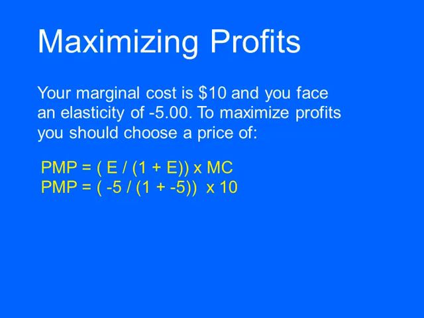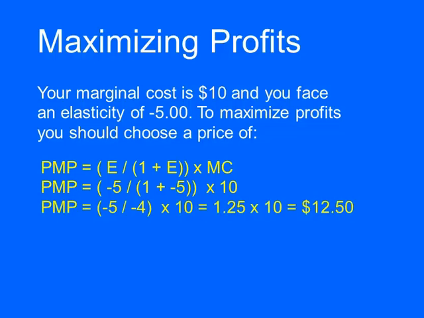All right, so profit maximizing price. We know our elasticity is -5 over 1 plus -5. And that's going to be multiplied times the marginal cost, which we know is 10. Let's simplify even further. So we still have that -5 divided by -4, because 1 plus -5 is -4.